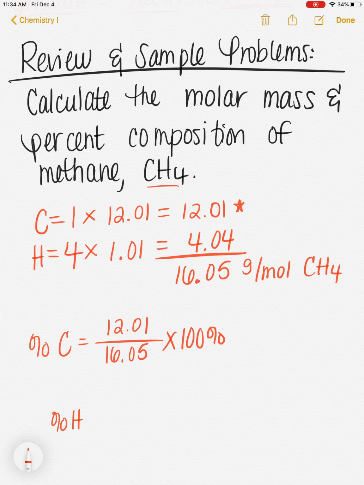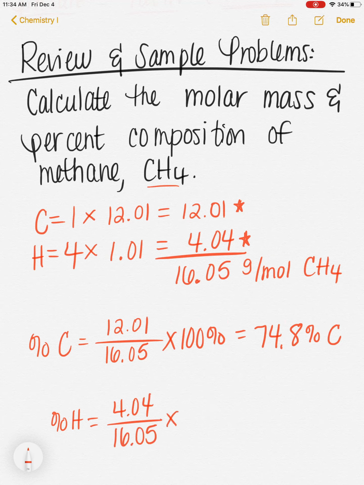So if you take out your calculator, you take 12.01 divided by 16.05, multiply by 100, I get a value of 74.8% carbon. To find the percent that is hydrogen, I must take the total mass of hydrogen, which is 4.04, divide it by the total mass of the compound, multiply by 100%.